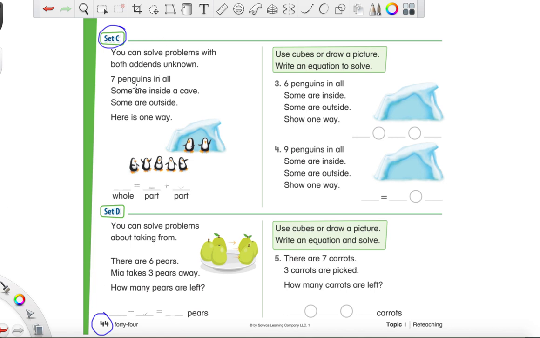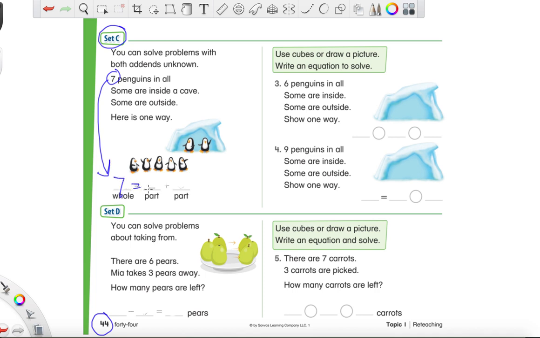Okay, so as we read, we're going to circle everything that's important. 7 penguins in all. We have 7 penguins. Some are inside of a cave. Some are outside of a cave. And here's one way you could show that. They put 2 penguins inside. So first we take our total, right? Put that in our whole part. So 7 is the total.